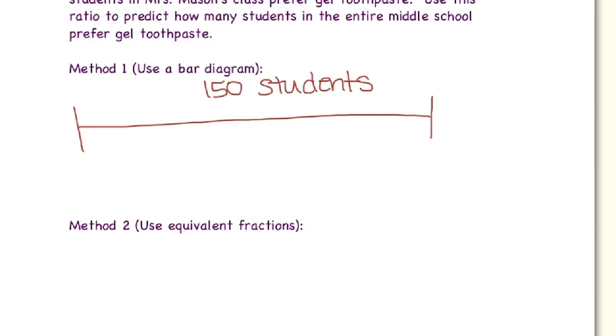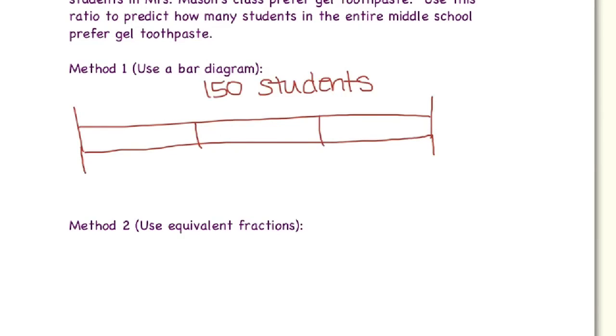150 students. Now, the next thing I know is that 2 out of 3 students in the class prefer the gel toothpaste. So what I'm going to do next is split this bar into 3 sections. Now, I'm just estimating, but these are supposed to represent exactly equal sections of the 150 students.